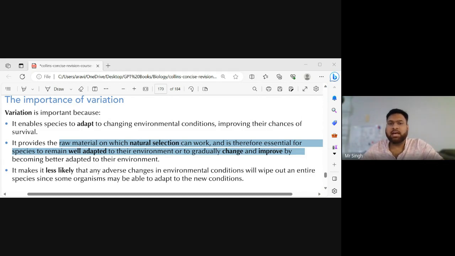Hibernation is an adaptation that allows organisms to survive when conditions are not ideal. If conditions are bad, they basically sleep it off, and they're able to survive.